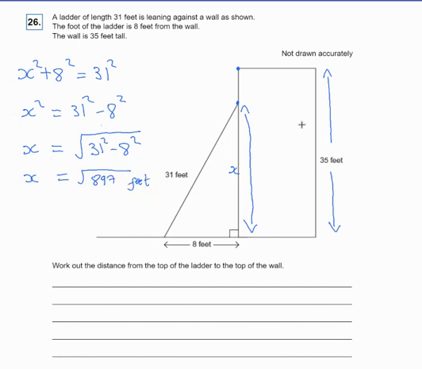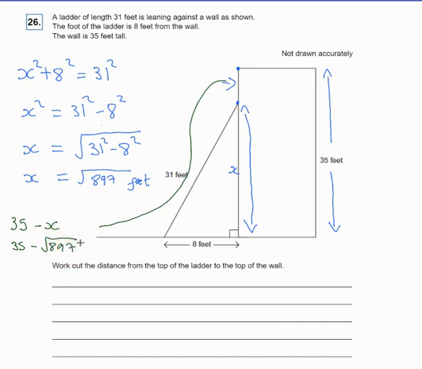The distance that I actually want is this here. So that is calculated by doing 35 take away x, or 35 take away the square root of 897.